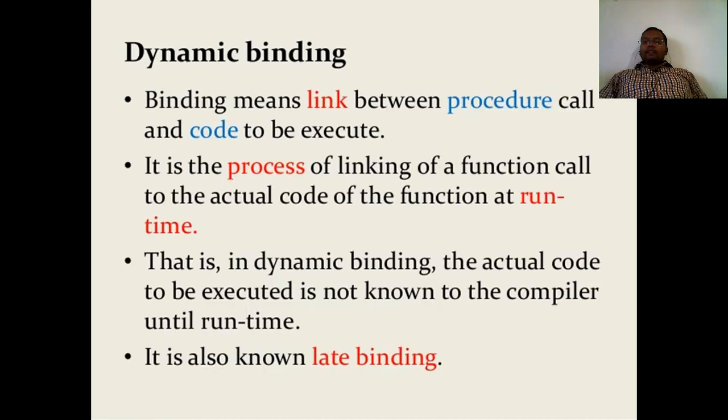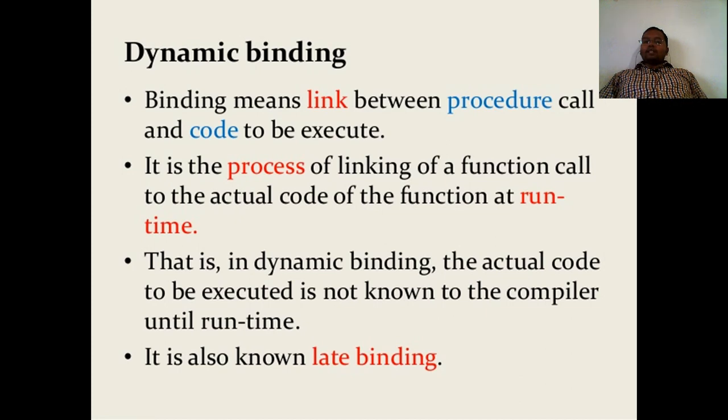Dynamic binding. What exactly is dynamic binding? Binding means the link between a procedure call and the code to be executed. It is the process of linking a function call to the actual code of the function at runtime. That is, in dynamic binding, the actual code to be executed is not known to the compiler until runtime.